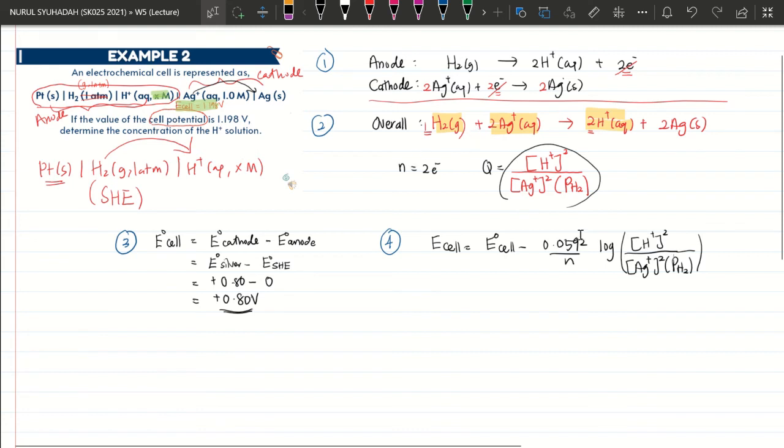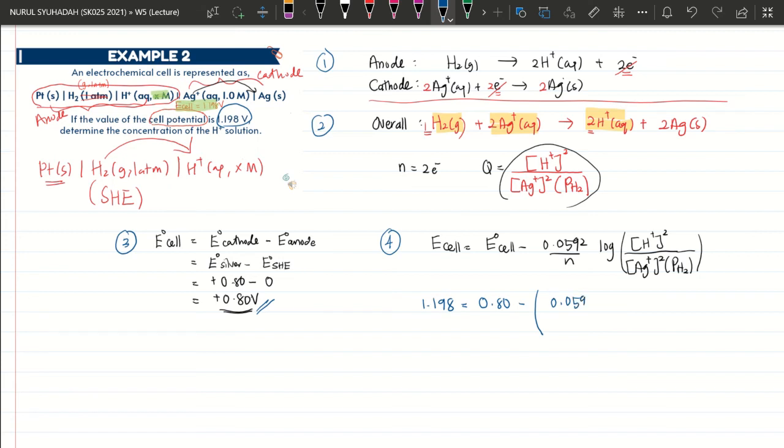Once we have written down the Nernst equation, substitute all the values. The E cell is given to you, so 1.198. The E0 cell, the one that we have calculated, 0.80 minus 0.0592. Why do I put brackets over here? So that you can see clearly this value will be multiplied by the log value.